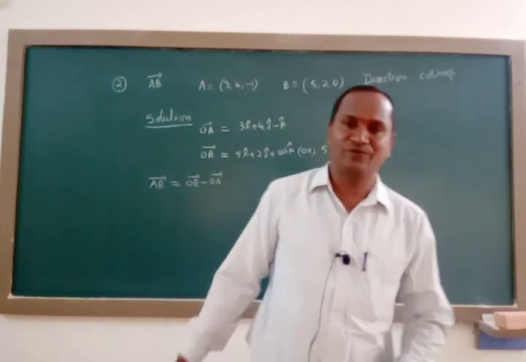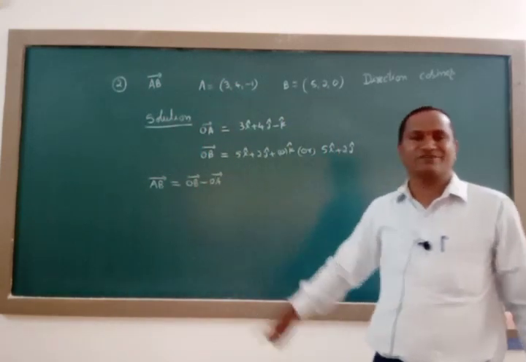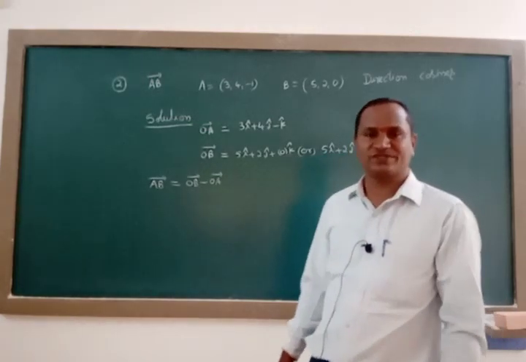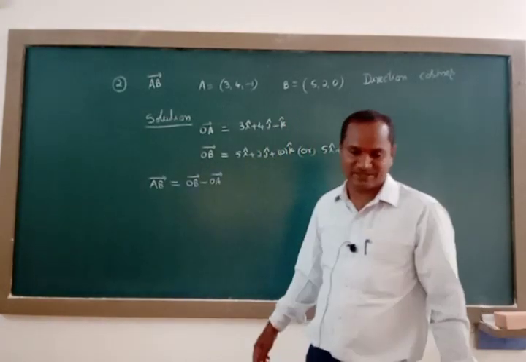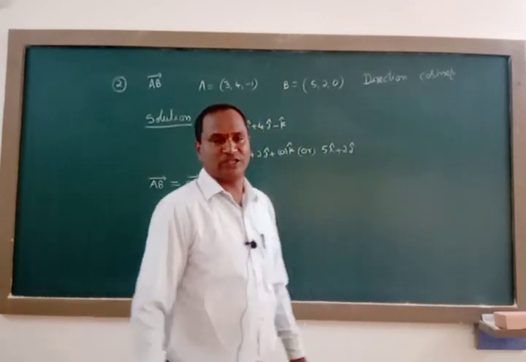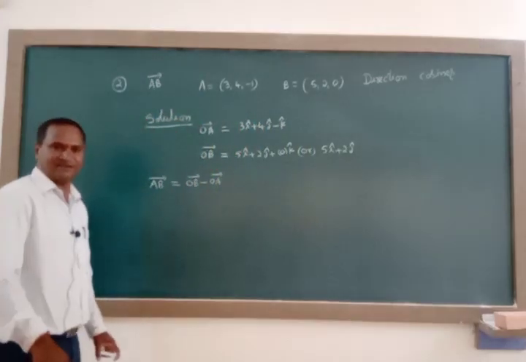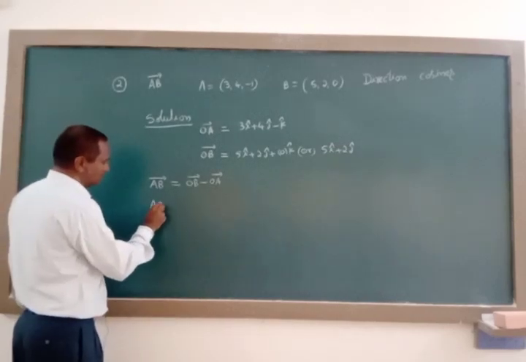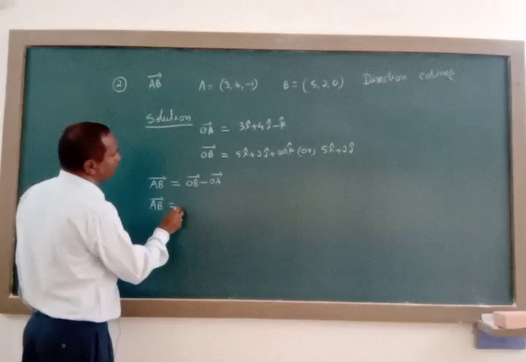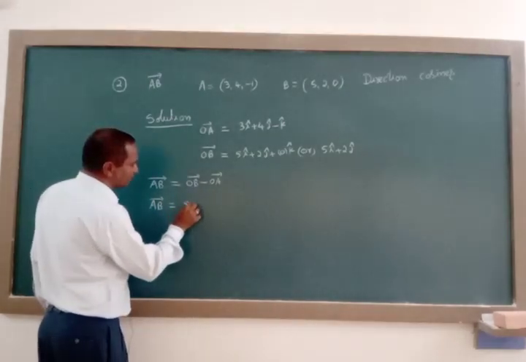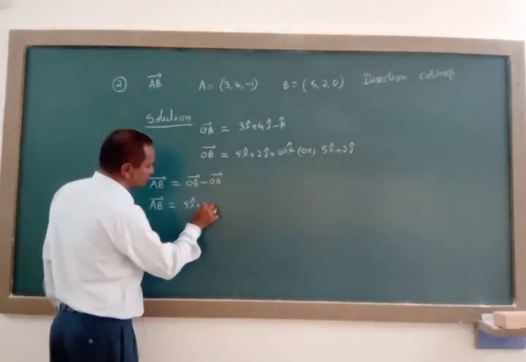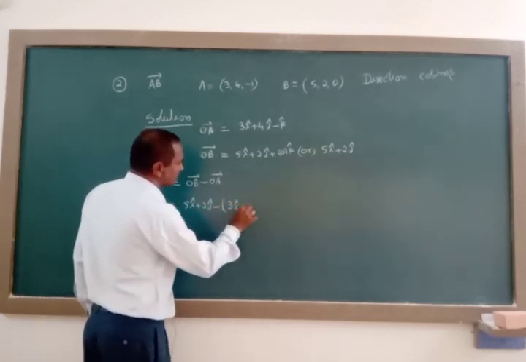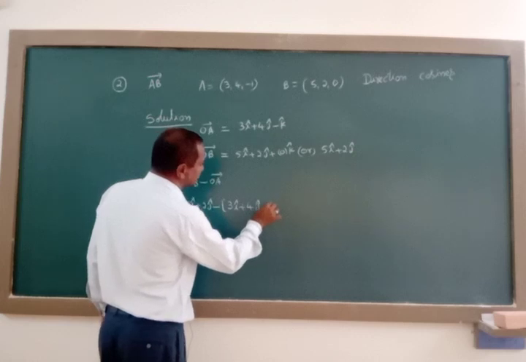I converted this vector in terms of position vectors, like second position point minus first position point, OB bar minus OA bar, and afterwards you substitute those position vectors and you will get the resultant vector AB bar. AB bar is equal to OB bar, 5 i cap plus 2 j cap, minus of 3 i cap plus 4 j cap minus k cap.